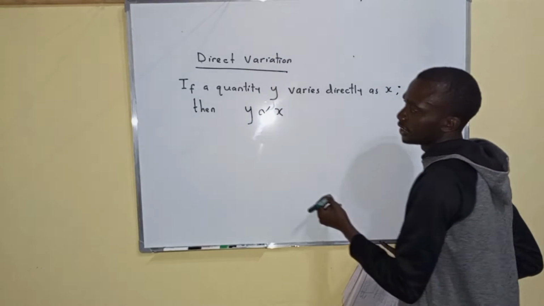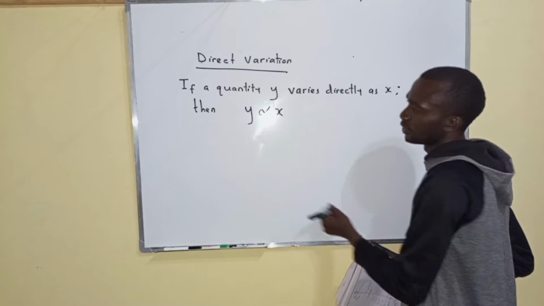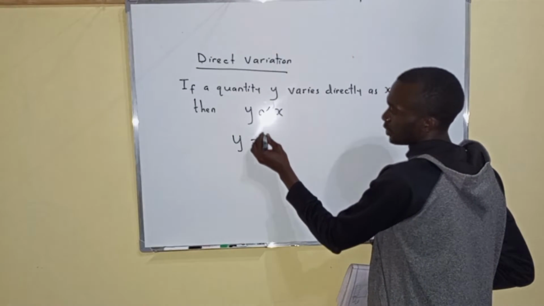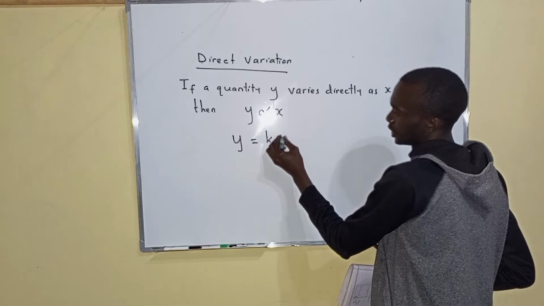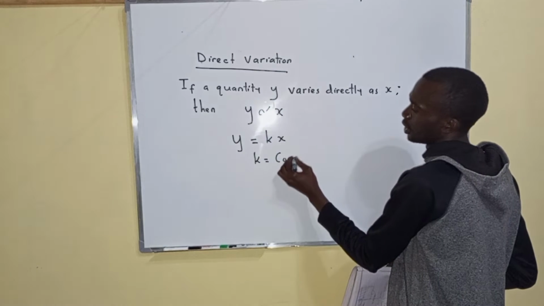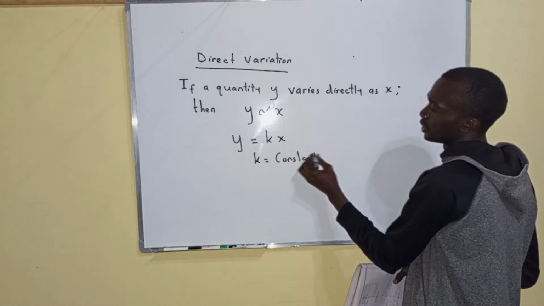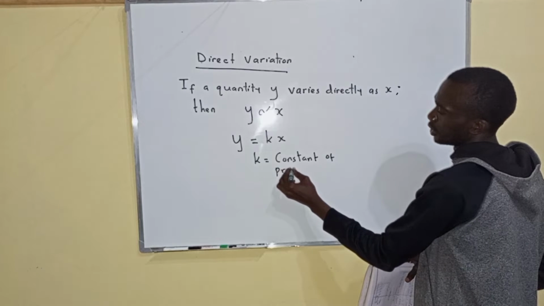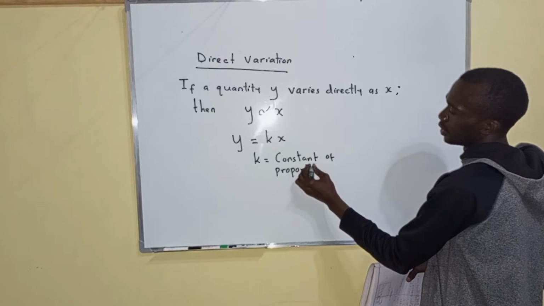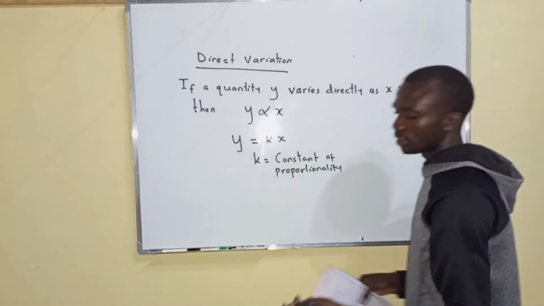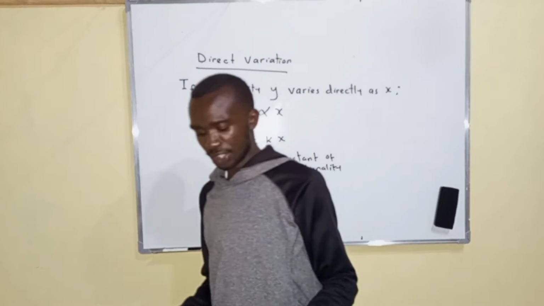So it implies that when you introduce an equal sign, y is equal to a constant k times x, where k is known as the constant of proportionality.